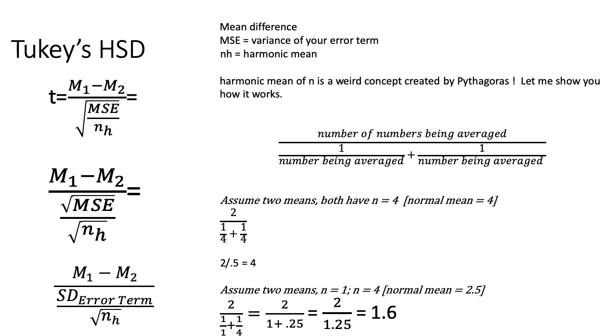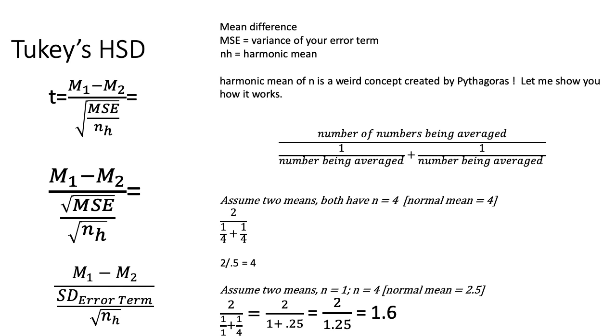Variance is standard deviation squared, so the square root of variance is the standard deviation of our error term. That's what's going on there. So on the top, we take whatever our error term is. In a between subjects design, it's the within component. In a within subjects design, it's the error component.